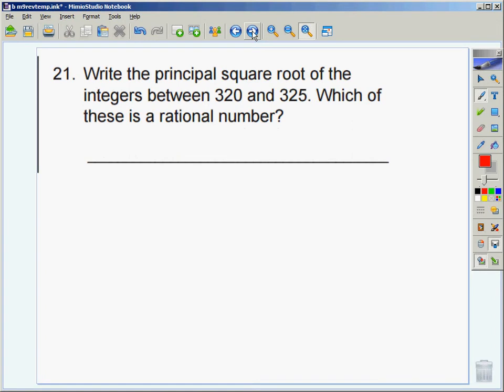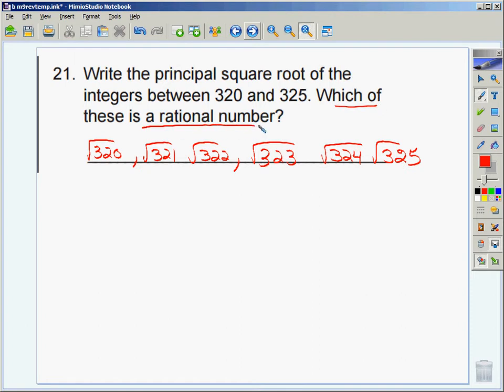It says write the principal square roots of the integers. So they're saying write it out. The square root of 320, implying that it's positive. The square root of 321, square root of 322, the square root of 323, the square root of 324, and the square root of 325. And it says which of these is rational.